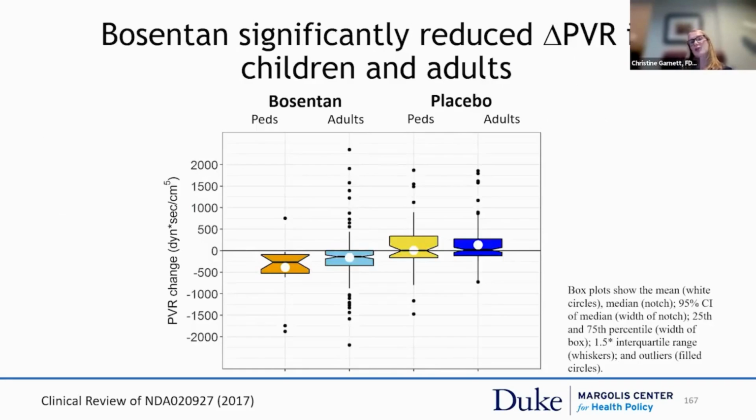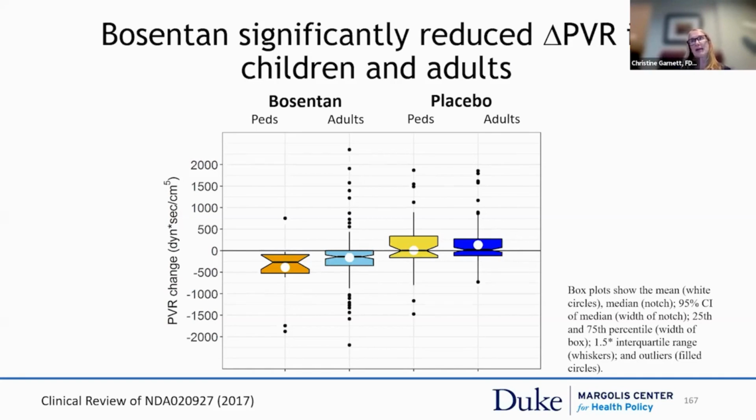In a small uncontrolled study with pediatric patients with PAH who were taking Bosentan, efficacy measures were collected. Because it was a small study, there were only 19 pediatric patients.